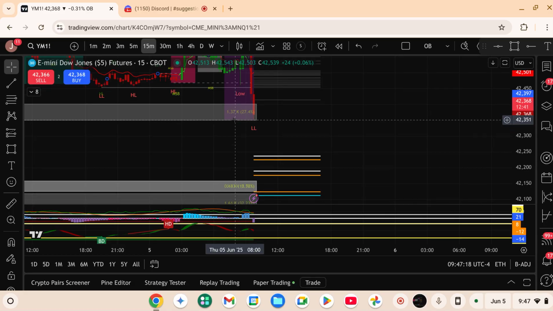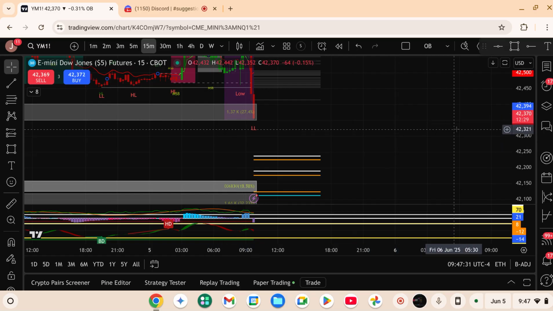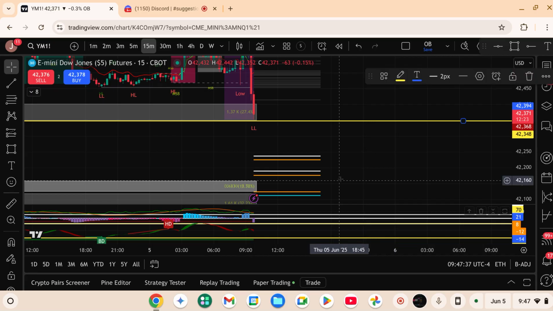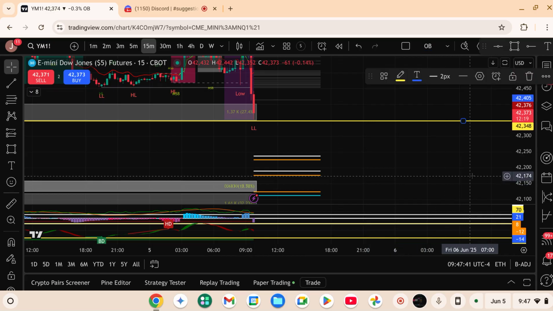So if you're looking at YM, you can potentially take a short from 42,351 from here to maybe here.